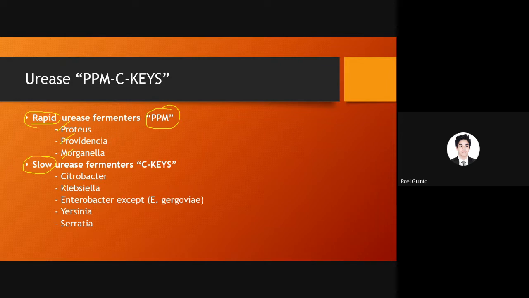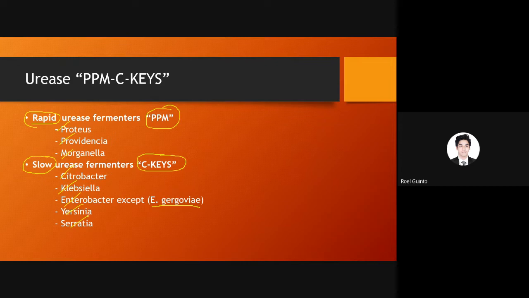Remember, Proteus, Providencia, and Morganella. Under the slow urease fermenters, we have C. KEYS: Citrobacter, Klebsiella, Enterobacter, except for Enterobacter gergoviae, Yersinia, and Serratia.